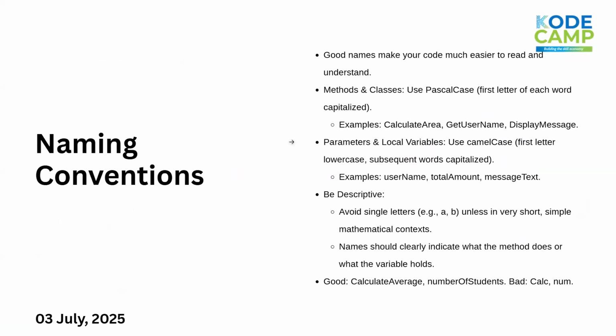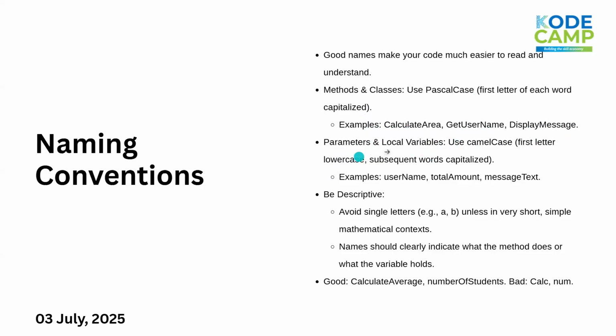Good names make your code much easier to read and understand. So like I told you guys, when you are giving your method a name, you should use Pascal case. Our examples are CalculateArea, GetUsername, DisplayName, and all.